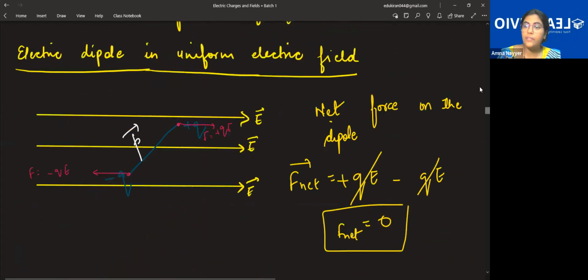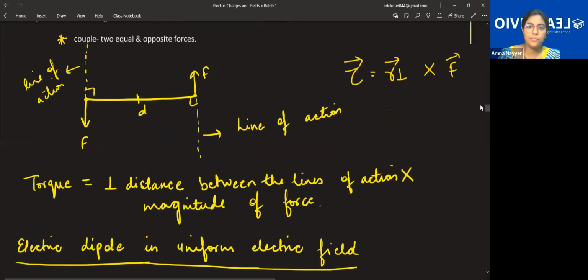One thing I'll tell you, whenever derivation of torque comes, start from this point: electric dipole in uniform electric field. What will be the direction of electric dipole? Because you have to tell that translational equilibrium exists. Net force is 0. That's why you are focusing only on torque, and not considering the forces, because net force is 0. So you'll have to mention this also.